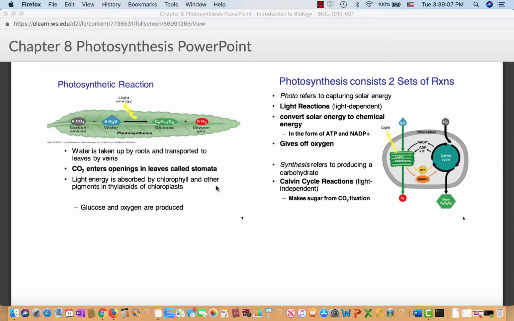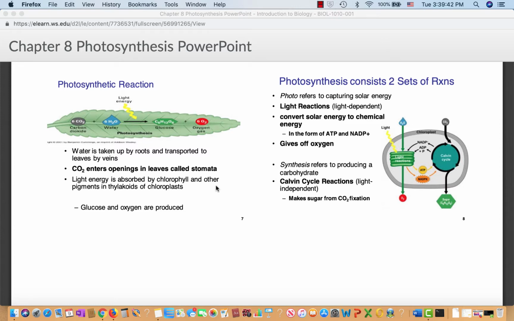You have two sets of reactions in photosynthesis. You have your light-dependent and your light-independent reactions. The light-independent reactions are also referred to as the Calvin cycle. The light reactions convert solar energy to chemical energy in the form of ATP and NADPH, and this releases oxygen.